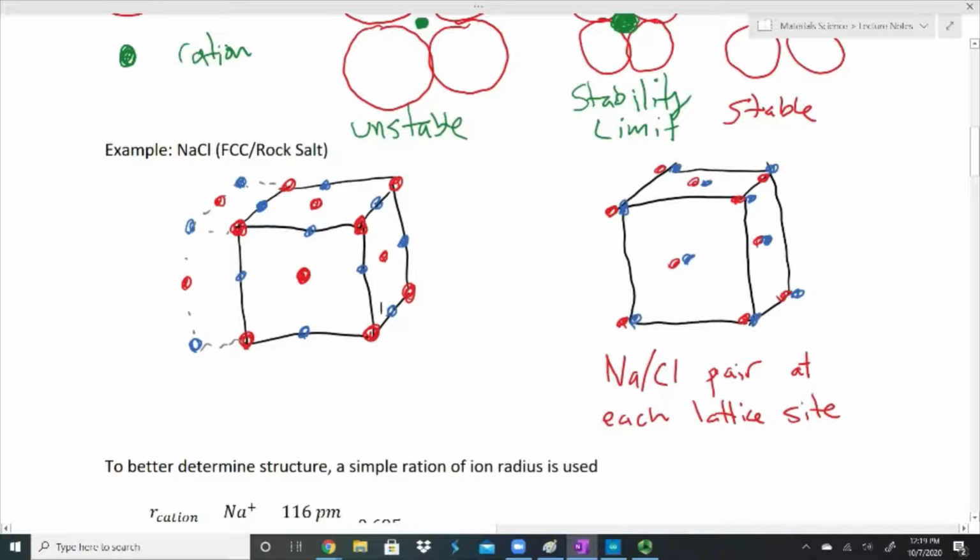But what it really is doing, and what it really looks like, is we have two FCC superimposed lattices.